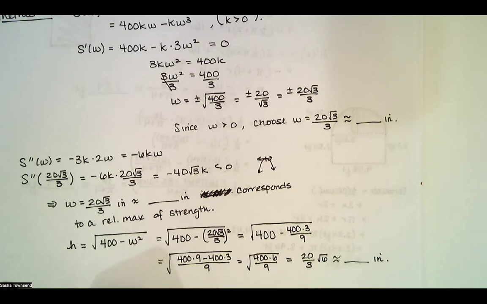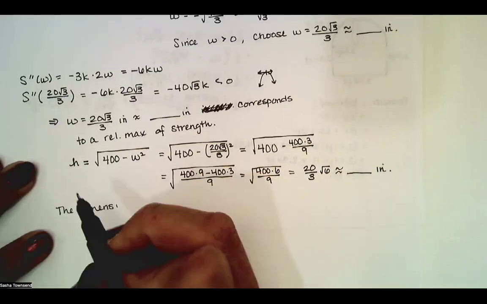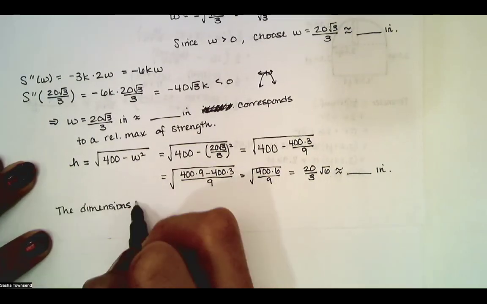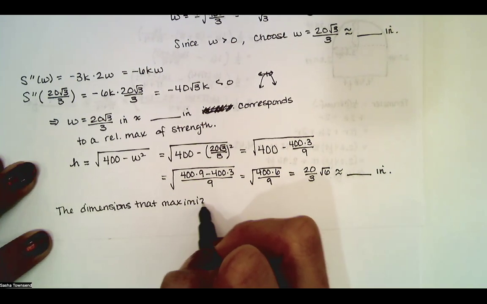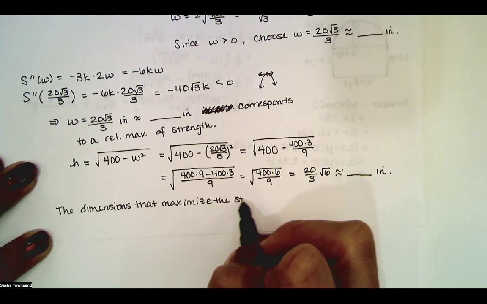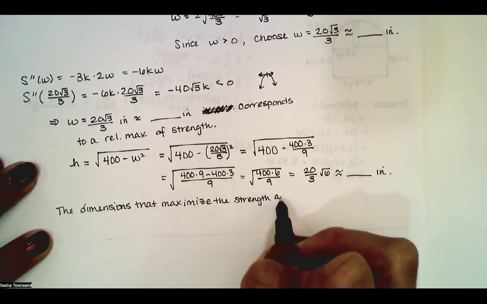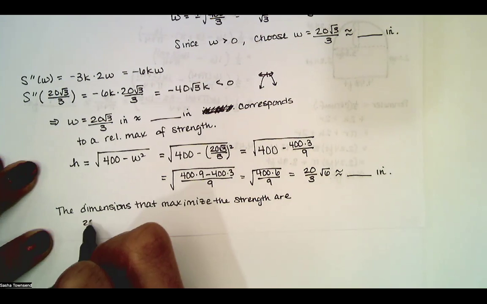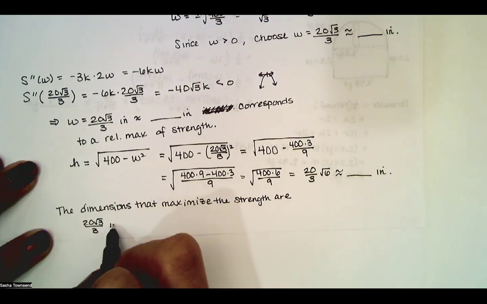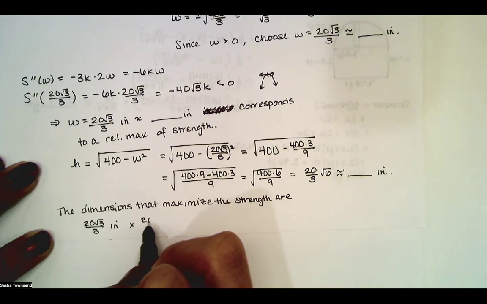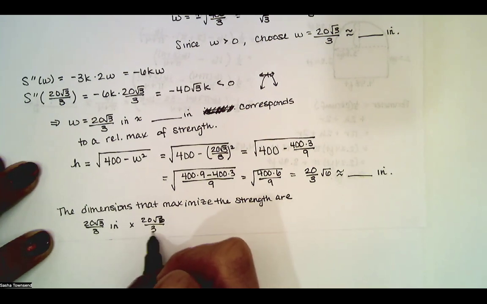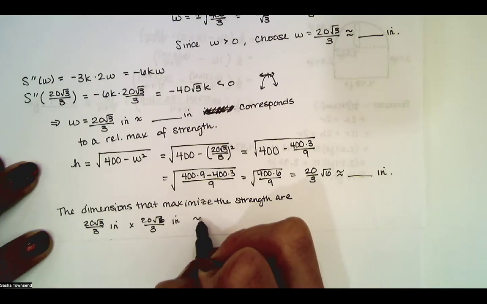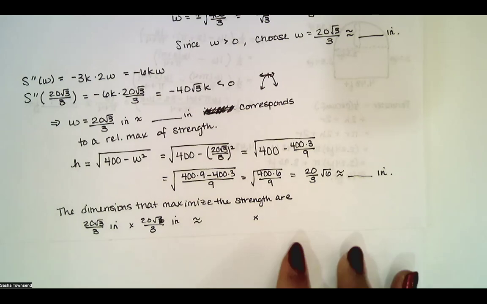Those are the dimensions that maximize the strength: 20 square roots of 3 divided by 3 inches by 20 square roots of 6 divided by 3 inches, which is approximately equal to some other dimensions.